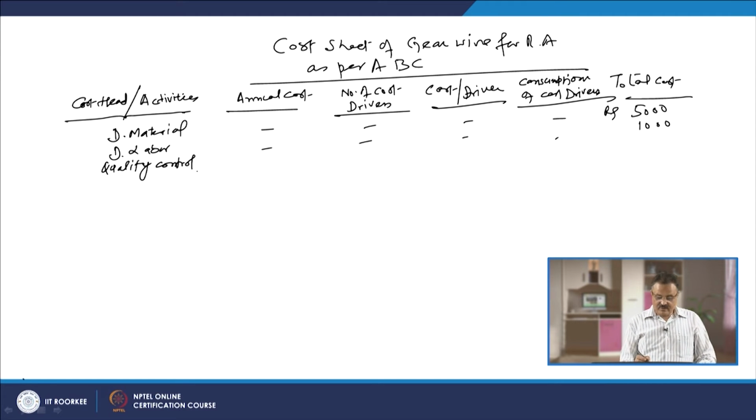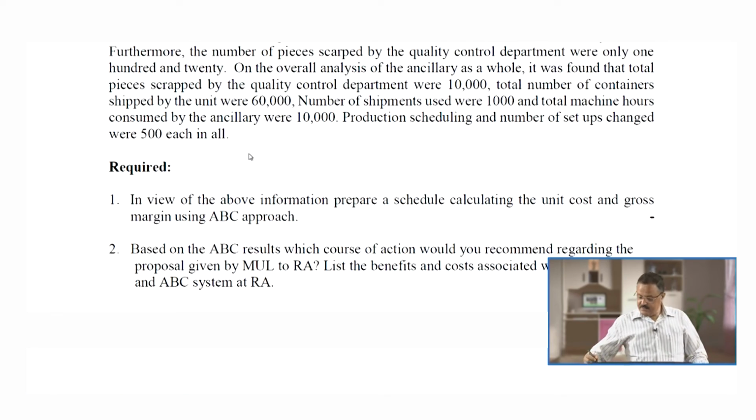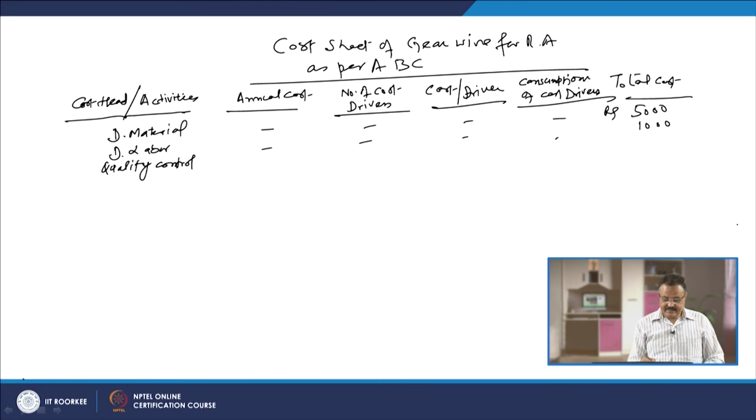The total cost given to us is rupees 8 lakhs.